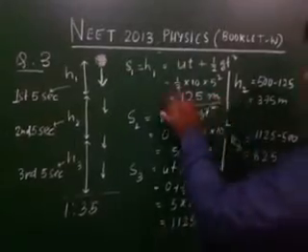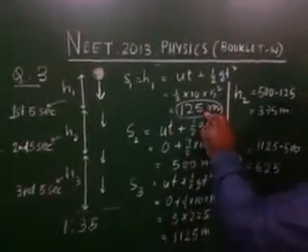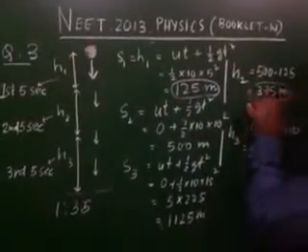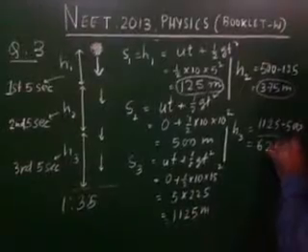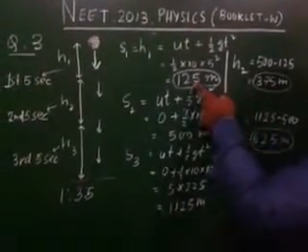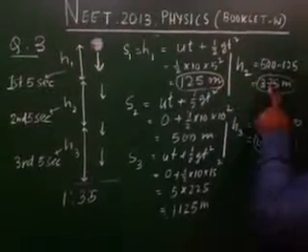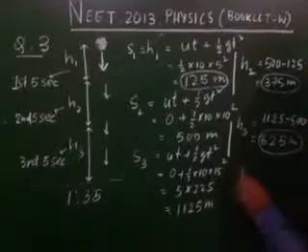Now you see, 125 is the distance traveled in the first 5 seconds, 375 in the second 5 seconds, and 625 meters in the third 5 seconds. If you see the ratio, 125 multiplied by 3, 125 multiplied by 5. So your answer should be what?